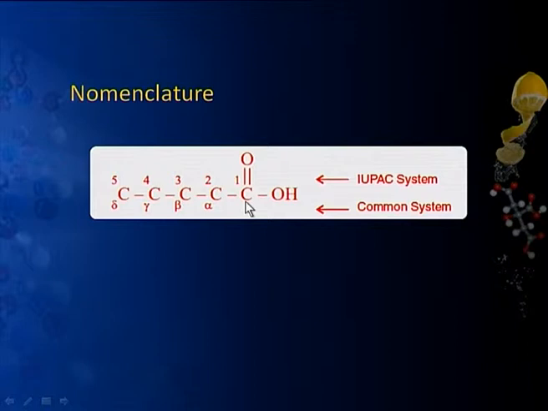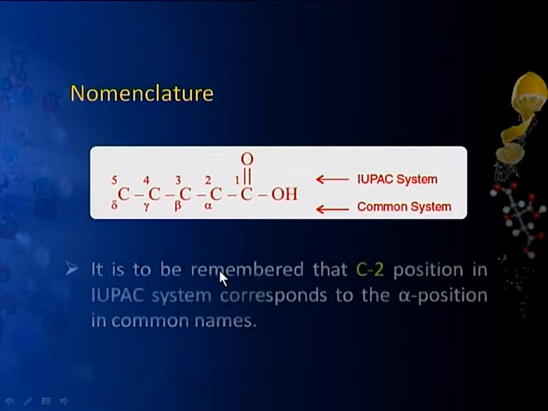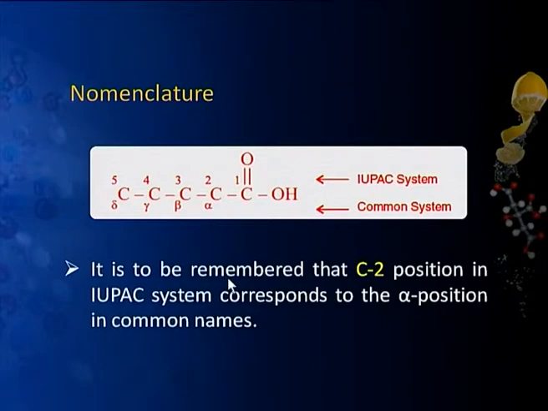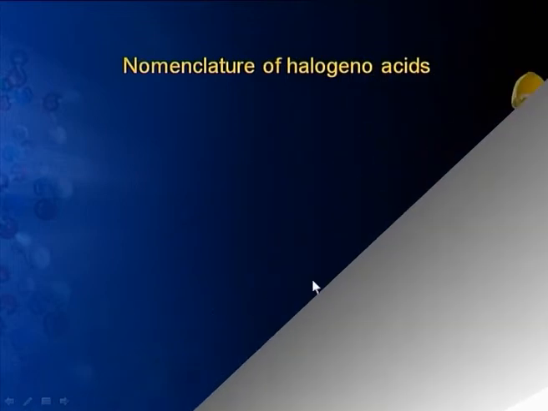Whereas in the common system, the carbon next to the carboxyl group is called alpha carbon, and then the chain is named as alpha, beta, gamma etc. after this. So, it is to be remembered that the carbon which is C2 in the IUPAC system is alpha in the common system.